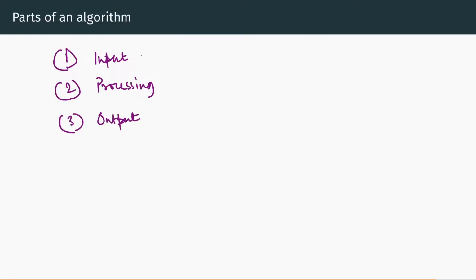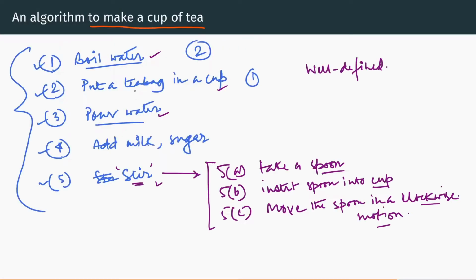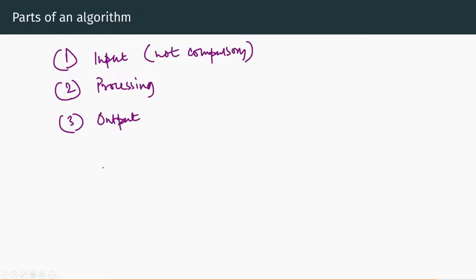Now, the input is not compulsory. You may have algorithms that do not take any input. For example, in the tea making algorithm example, we did not take any inputs, right? We just started straight away with solving the problem at hand, which is making the cup of tea. So an algorithm need not have an input.